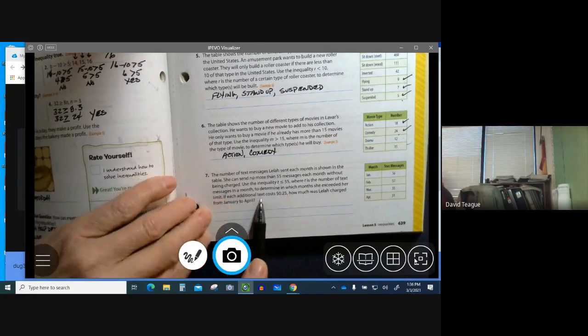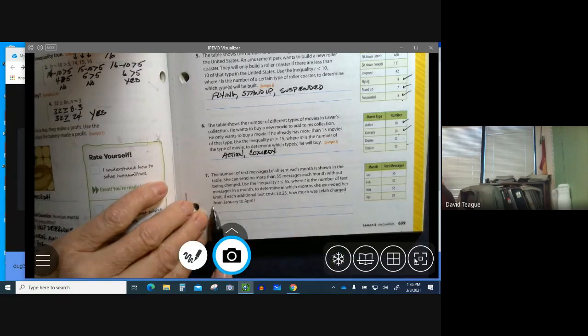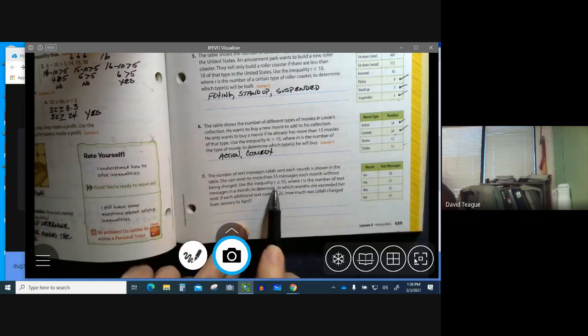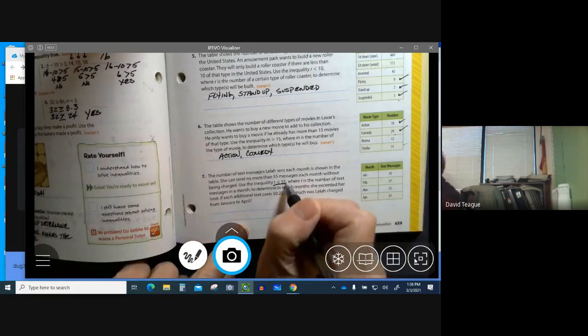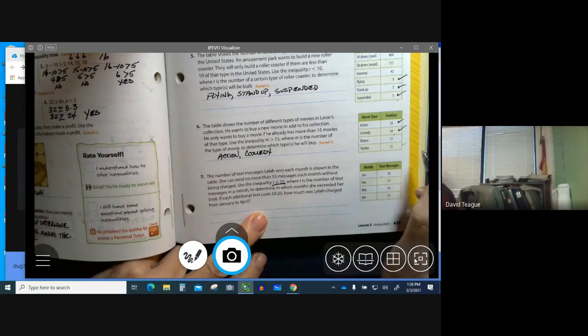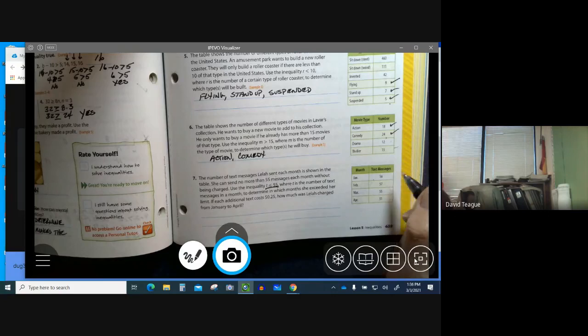If each additional text cost 25 cents, how much has Leela been charged from January to April? Okay, so we're going to go look. We've got this inequality, T is less than or equal to 55. Well, 56 is... That doesn't make any sense.